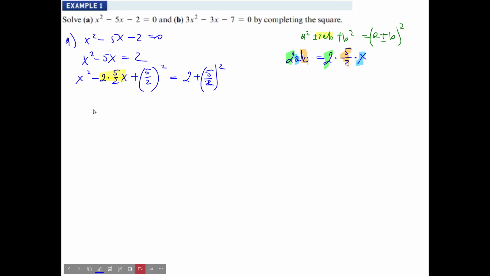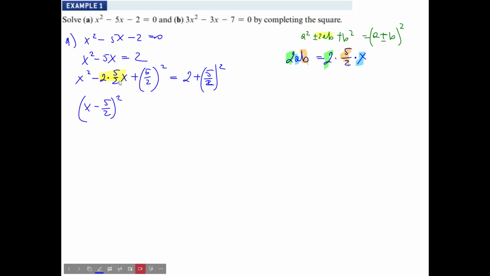Now, what is the left side? x minus 5 over 2 squared. I created this formula. Yes, see it? I see how you got there. I see the formula. You see the formula.